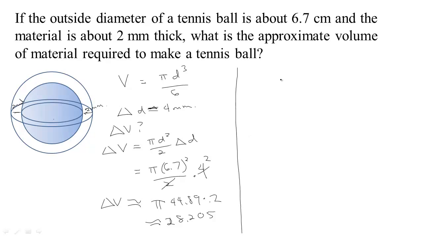Now, the other thing that we can do is to actually find the difference between these two. This is the slower way to calculate the exact value. We know that the real change in volume is the volume of the outside sphere, which has diameter 6.7, so we'll take pi diameter cubed over 6, minus the volume of the inside sphere, which is pi times 6.3 cubed all over 6, because we had 2 millimeters on each side.